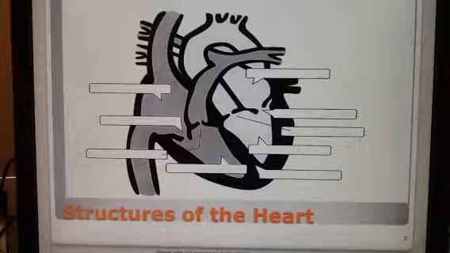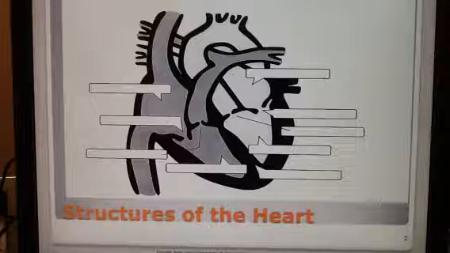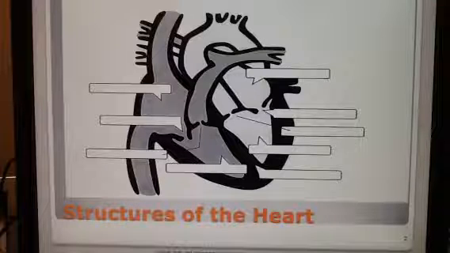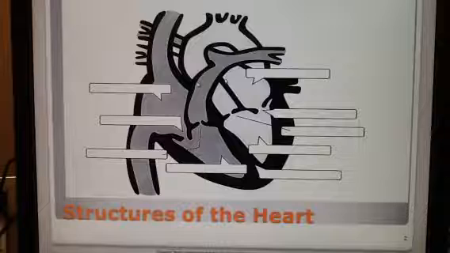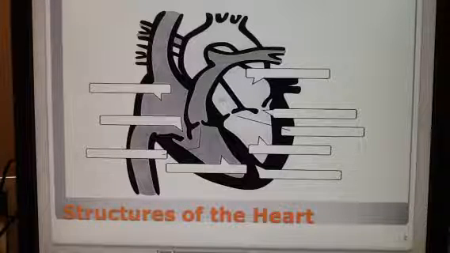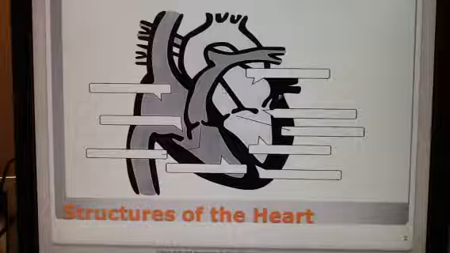The heart has four collecting chambers. The smaller chambers on top are called the atria, and singly they're called atrium. This one that I've circled is the right atrium, and then over here is the left atrium.